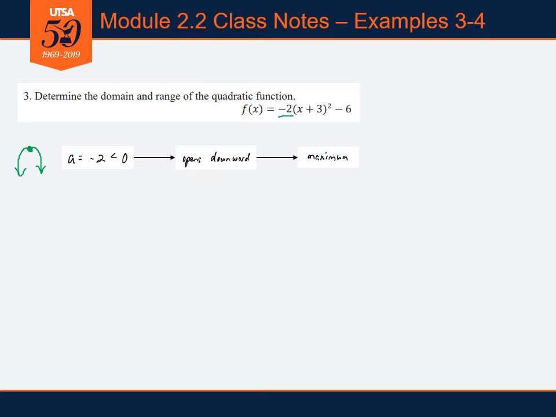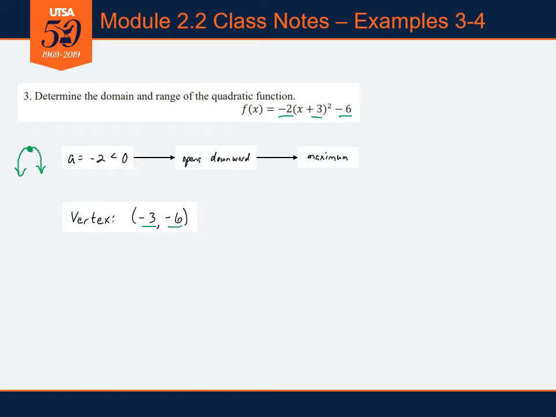So I need to know what the vertex is. Let's consider here that we already know that, because the function is written in standard form. X minus h plus k. X minus -3, that means that h is -3, and plus k means that k is -6.